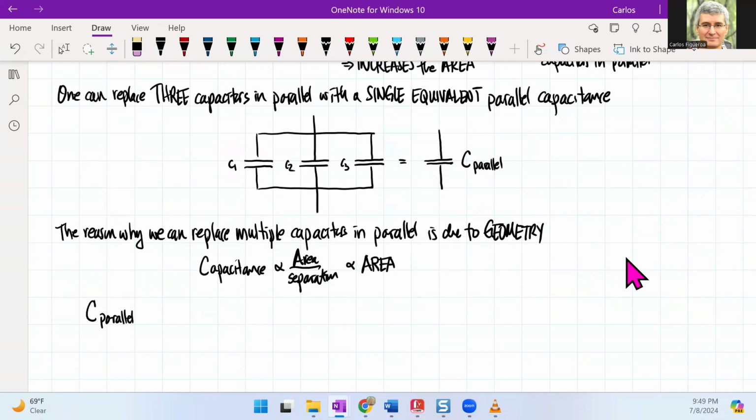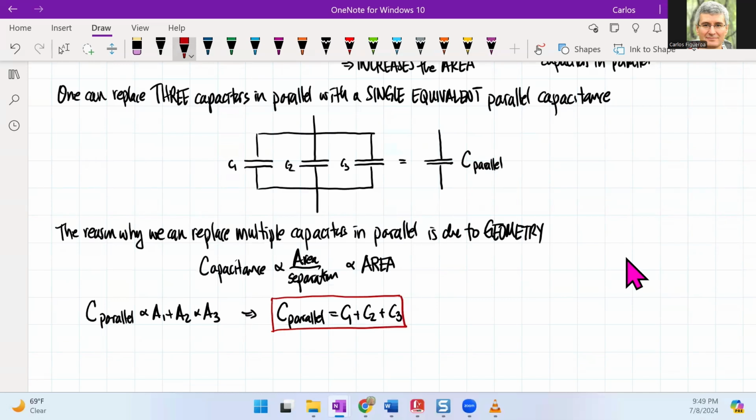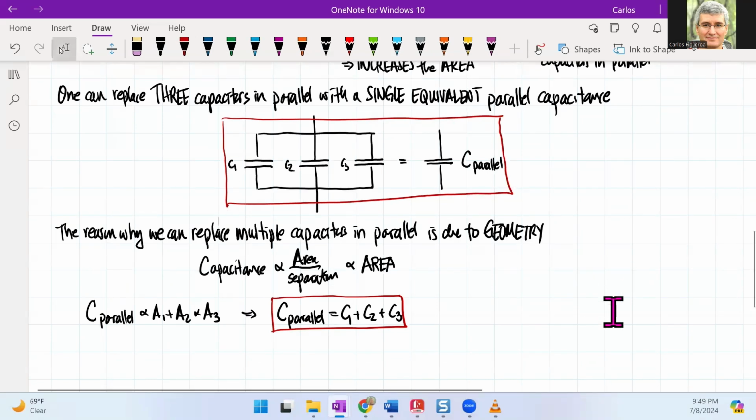So in other words, the capacitance of parallel is equivalent to adding the areas directly, which tells us that C parallel is equivalent to C1 plus C2 plus C3. And so this is what we mean by adding capacitors in parallel.